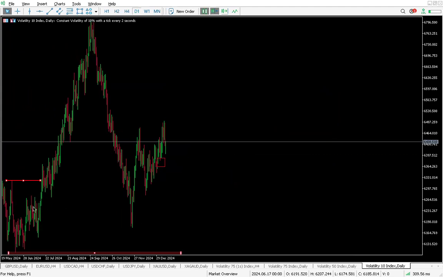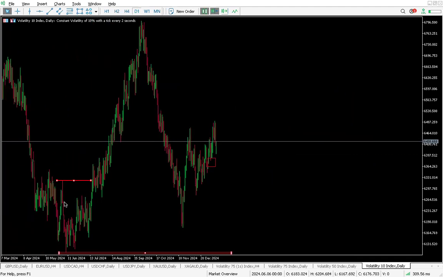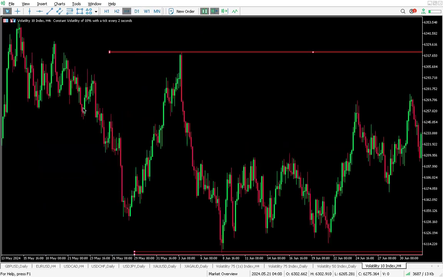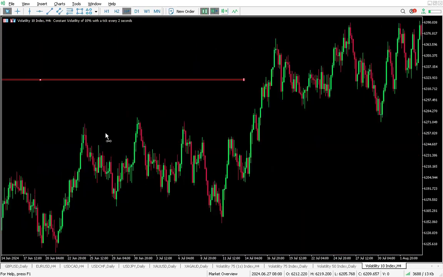Now, this is where I'm still going. This is another class entirely. But what I'm focusing majorly on is market structure, right? This is market structure. So if we are seeing this from the daily, I will move to the 4 hours.